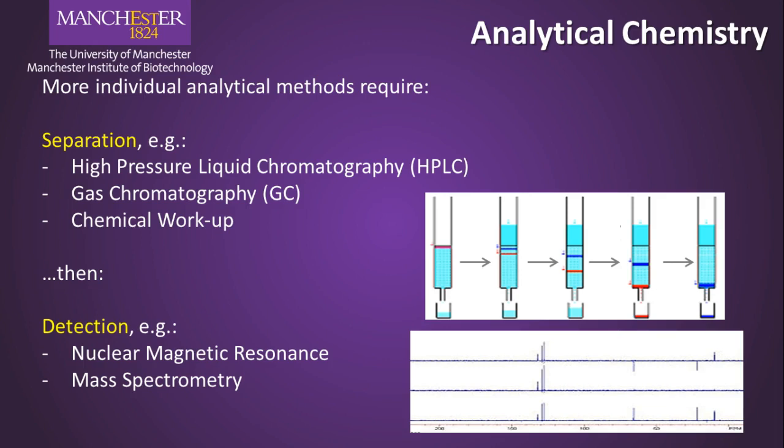This is commonly done in a flow of liquid, HPLC, or high performance liquid chromatography, or a flow of gas, GC, gas chromatography. After sample preparation, analytical techniques can be used to determine what each separated compound is, whether they are the reactant, the product, or possibly a byproduct of the reaction. These analytical techniques include NMR, nuclear magnetic resonance, or MS, mass spectrometry, among others.